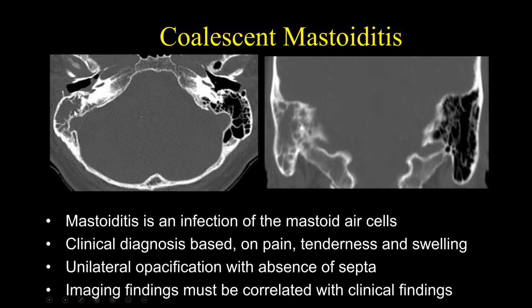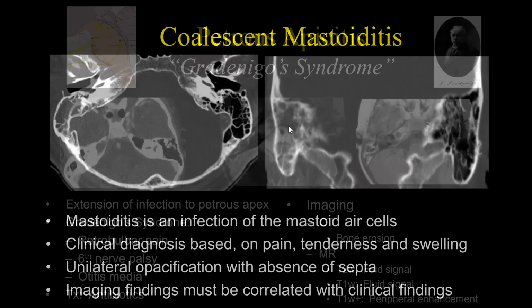It is a clinical diagnosis that is made by pain over the mastoid air cells and also tenderness on palpation. So if you see something like this, the best way to say it is that the imaging findings are consistent with the clinical diagnosis of mastoiditis. And when you see absence of the bone, then this is what we refer to as coalescent mastoiditis. And when we look at the coronal images, again, we can see absence of the bone.